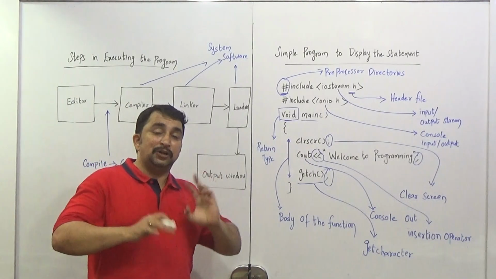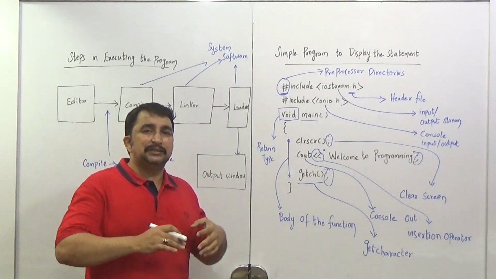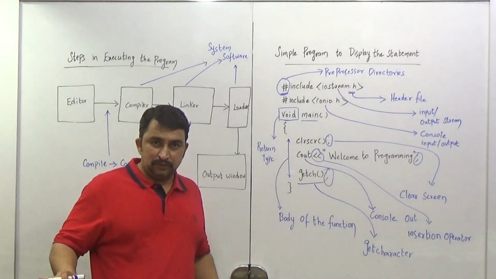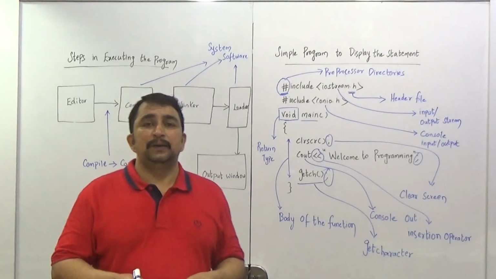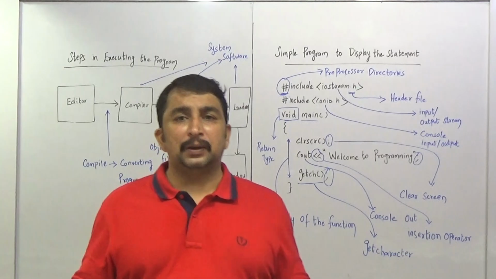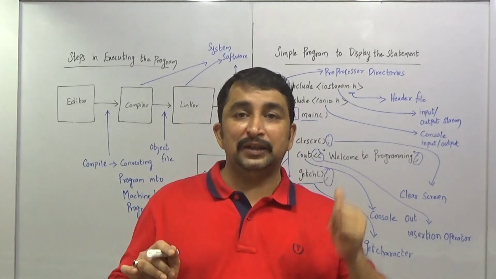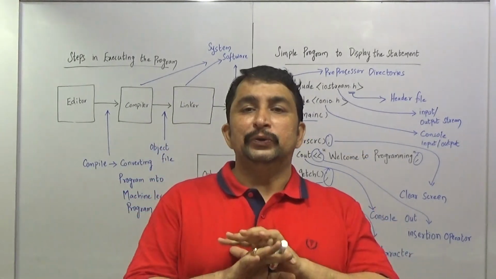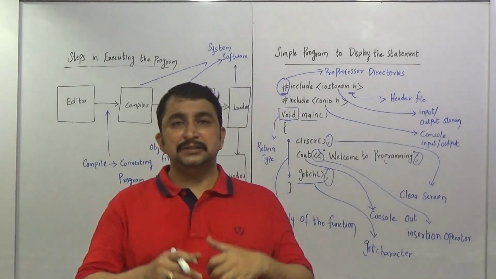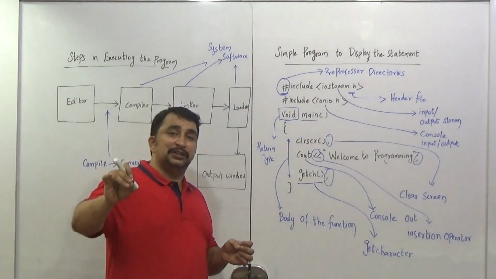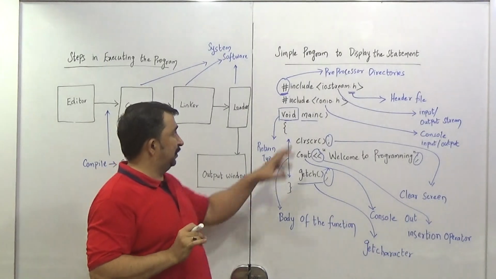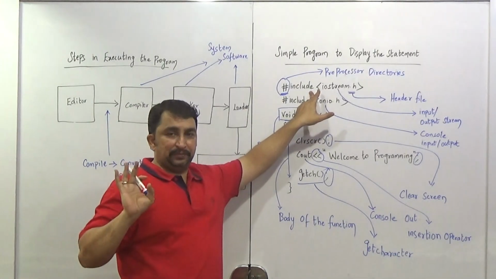What is preprocessor? It has already been processed, pre-compiled, so there is no need to compile it. That is the header file which I have included. No need to compile that program because it has already been compiled and is there in object file format. You are just including it.